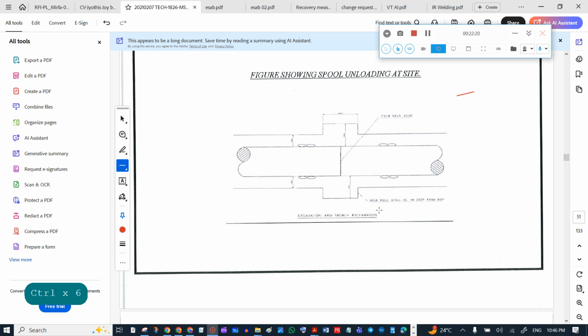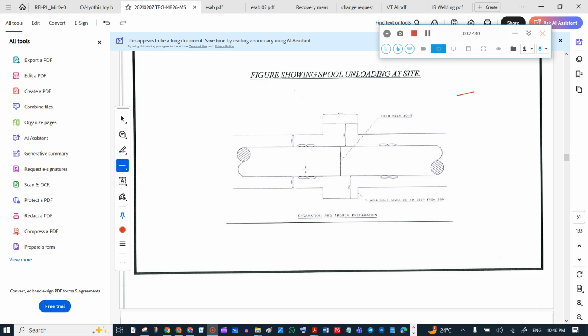So weld holes shall be 1 meter deep from the BOP, and it should be 1 meter here, 1 meter here. Overall width should be 2.5 meter minus the diameter that is shown here.